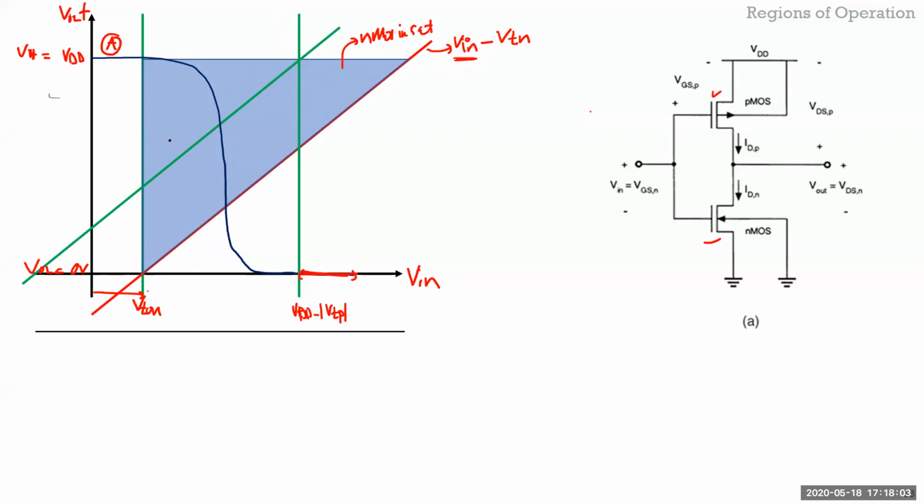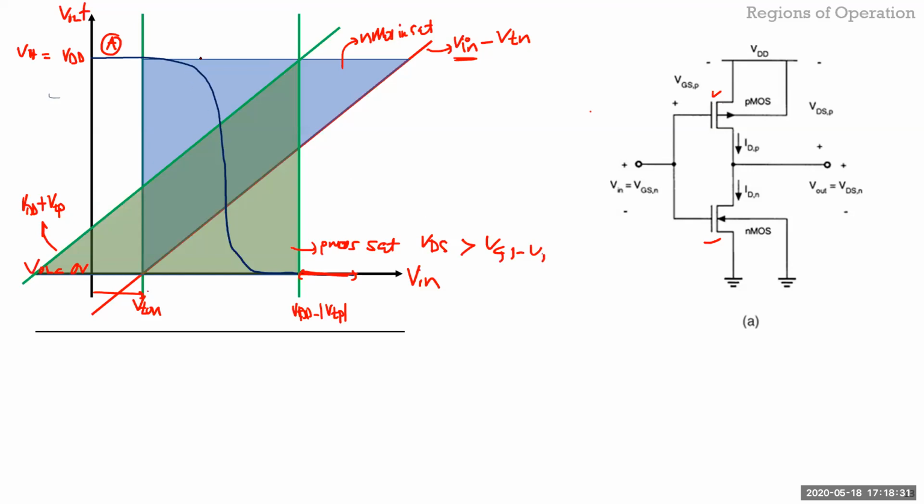Now, if I draw a similar line here, and this line is VDD plus VTP, or you can say VDD minus mod of VTP. If you draw this line, then in this square over here, the PMOS is in saturation because for the same region your drain voltage VDS is always greater than VGS minus VT in that situation.